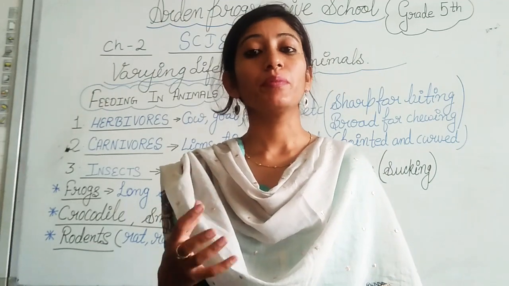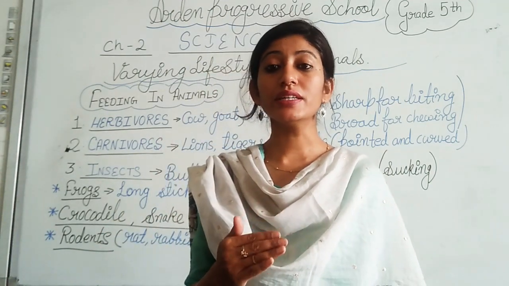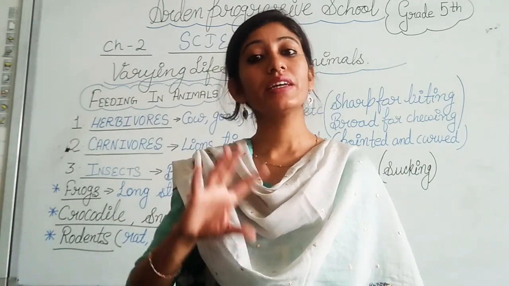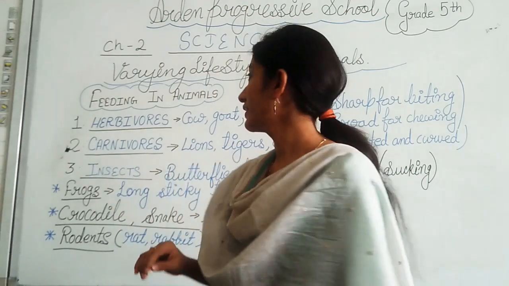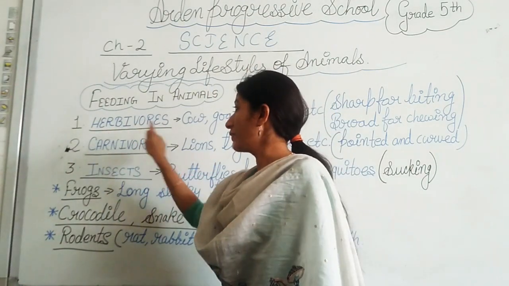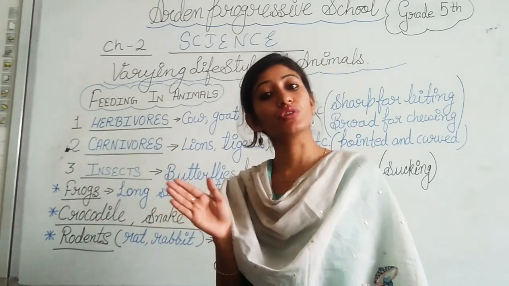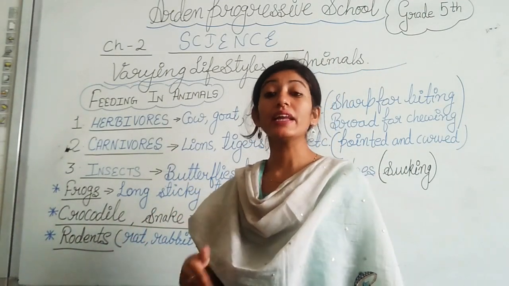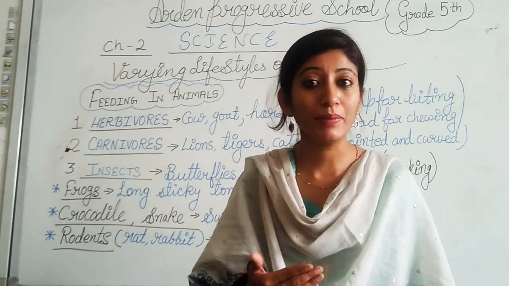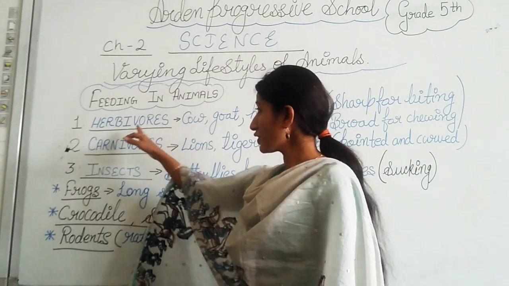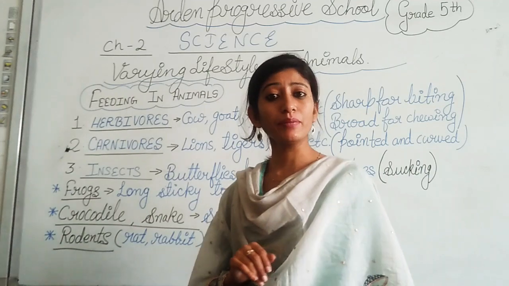They call them herbivores. They are such animals which eat only green plants. So they come under the category of herbivores. Nothing is new. That's why I am not elaborating very much, because you all know about this. In grade 4 we have discussed this very deeply. So these animals are called herbivores.